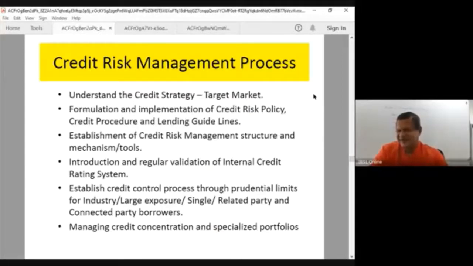If my facility is a small amount, probably the manager himself will be able to approve it. Just imagine my facility is a little bit larger. These managers have a limitation. We call it delegated limits given to them. So within that limit only they could approve facilities.